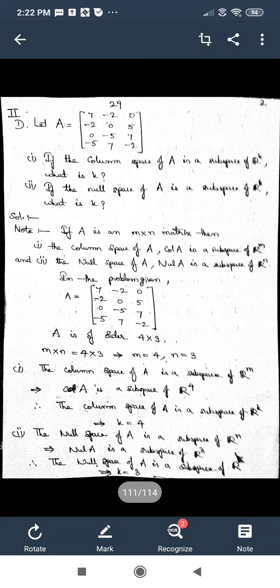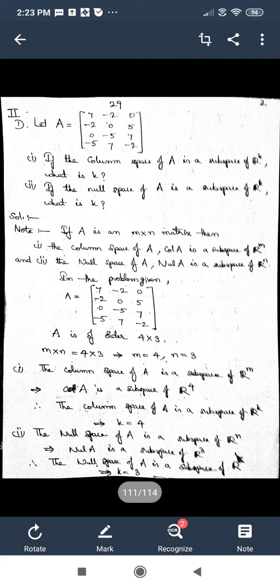And to give the answer for the second bit, we can make use of the second point of the note point above, and that is related to the null space of A. By that we can say that the null space of A is a subspace of Rn.